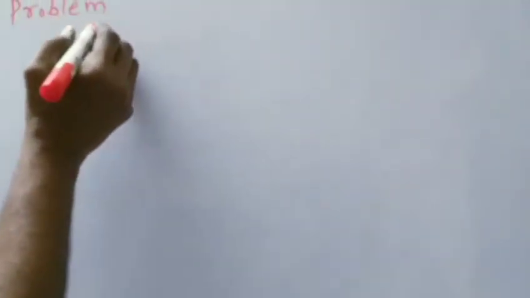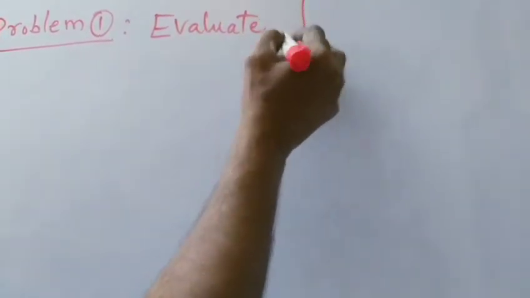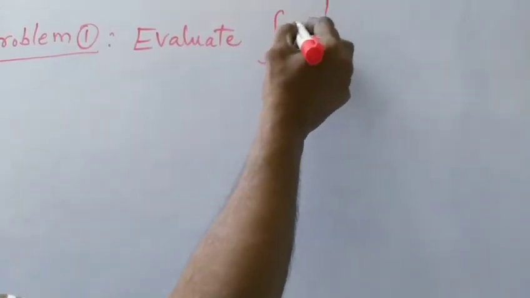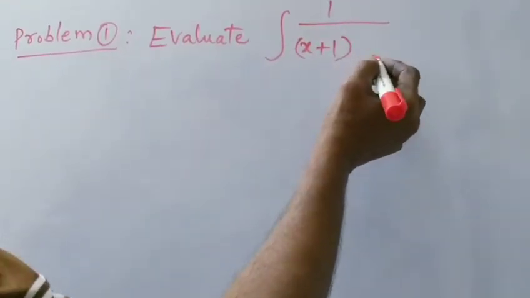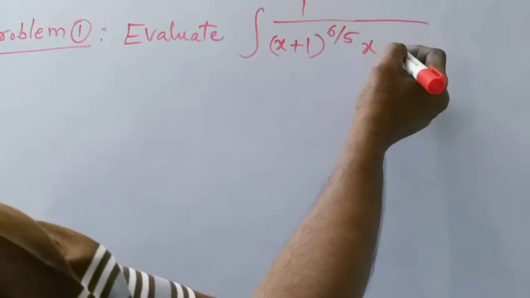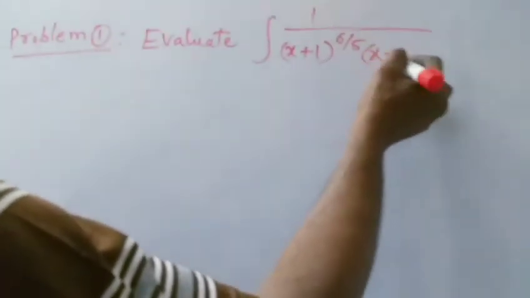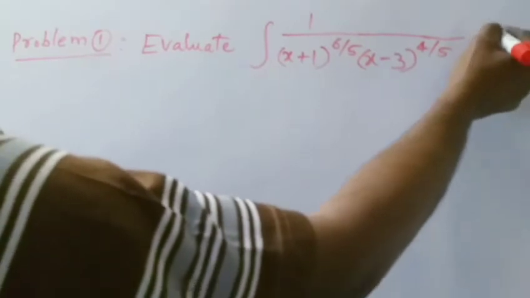Now, problem: evaluate the integral of 1 by x plus 1 whole to the power of 6 by 5 into x minus 3 whole to the power of 4 by 5 dx.